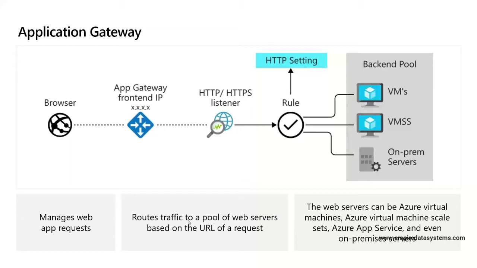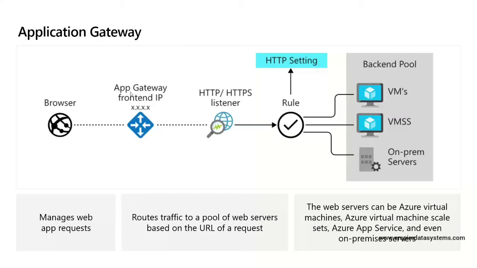What it does is route your traffic to a pool of web servers based on the URL of a request, and this web server can be your virtual machine, scale set, app services, or even your on-premises server.